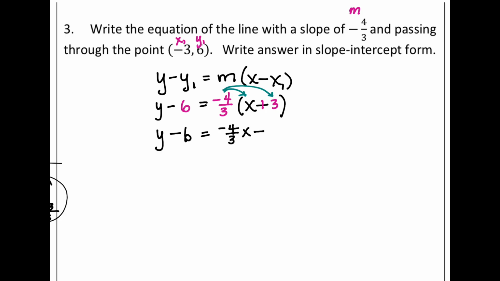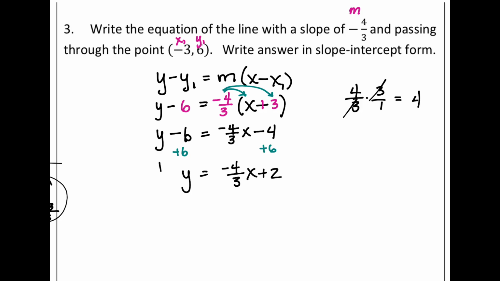Negative times a positive is a negative. So 4/3 times 3 over 1, the 3's cancel. So all you get is 4 over 1, which is just 4. So yours was easier. Add 6, add 6. So now you get y equals negative 4/3 x, add 2.